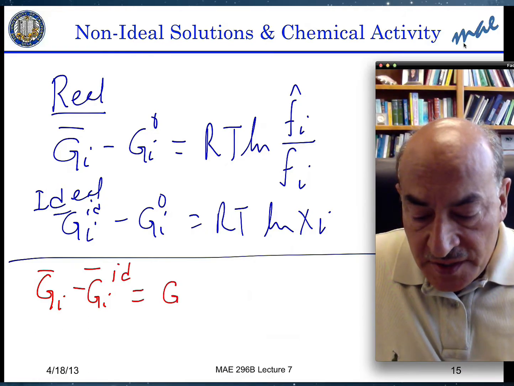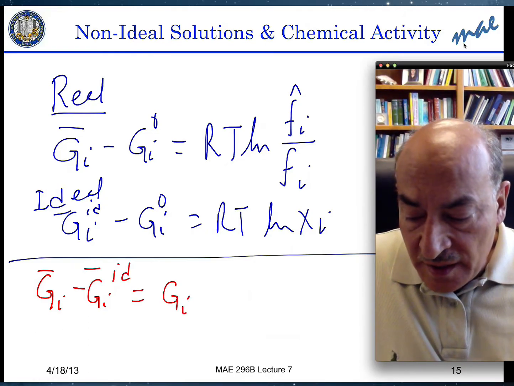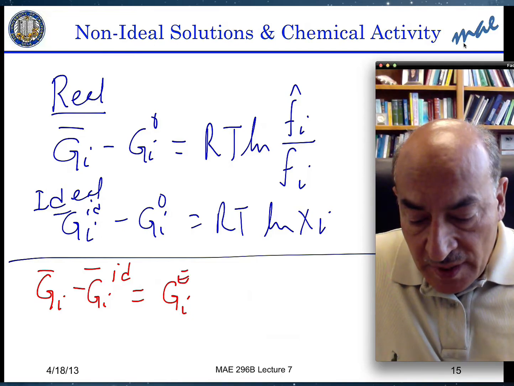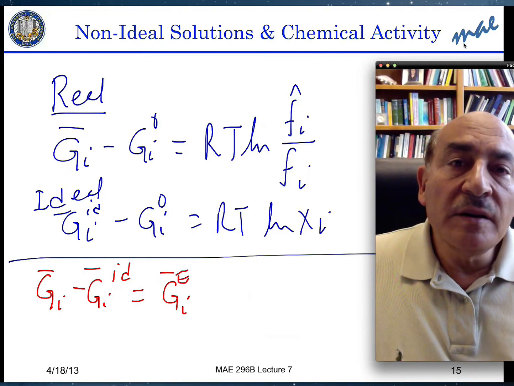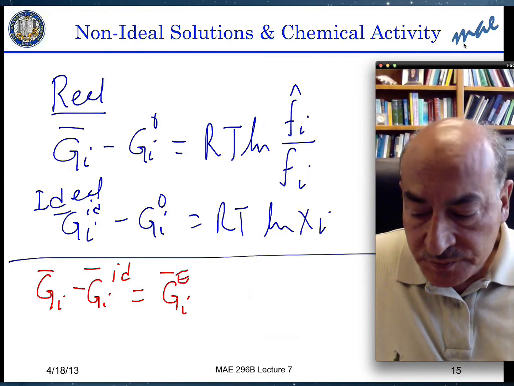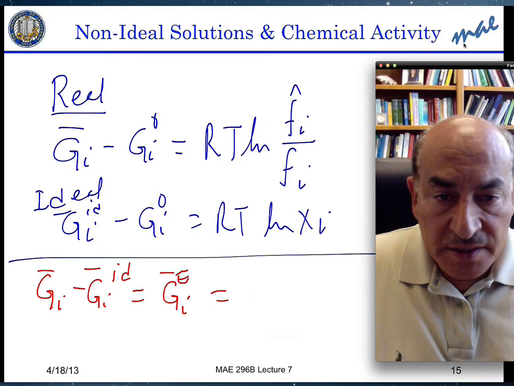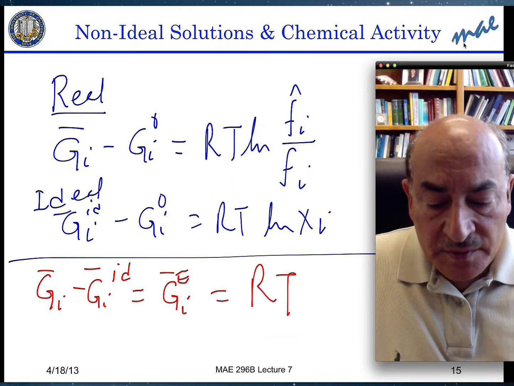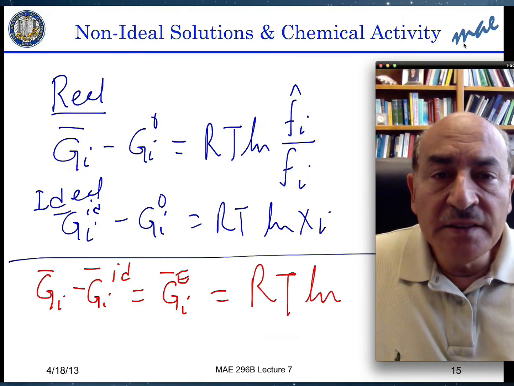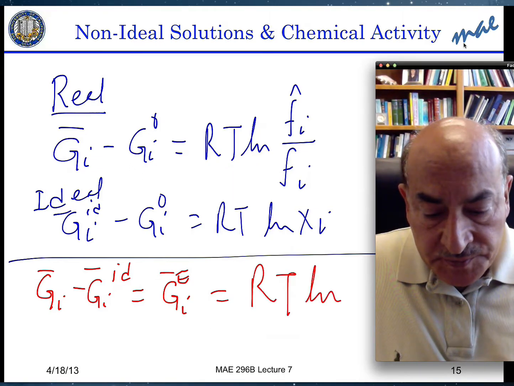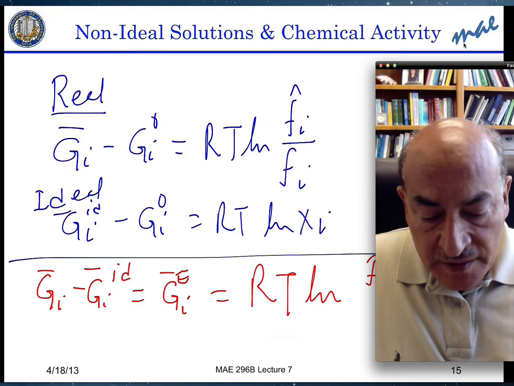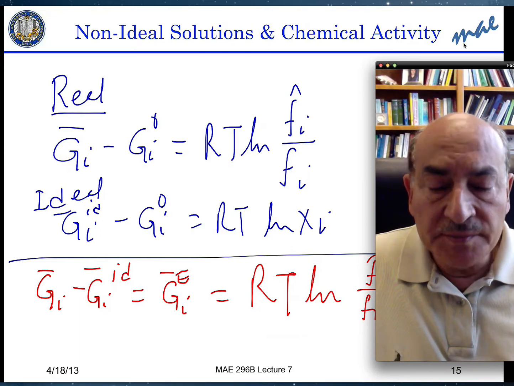This is Gi excess bar because it is partial molar, and the subtraction of the right-hand side will give us RT times ln of fi hat divided by fi times xi.